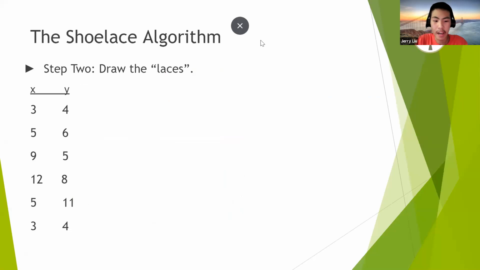It does not matter which coordinate you list first. I just chose P1. And it does not actually matter whether it's counterclockwise or clockwise, but the main thing is that you must start from a certain coordinate and you must put the coordinates in order.